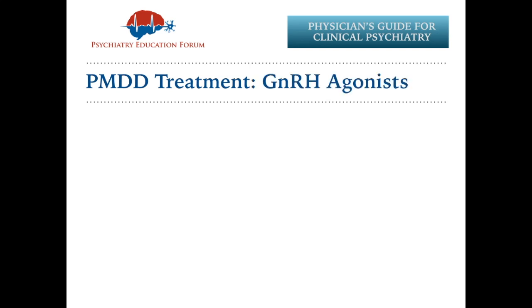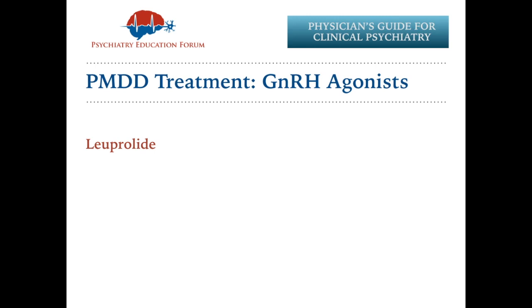So the first one is GnRH agonist, gonadotropin releasing hormone agonist. The one that has shown effectiveness in some trials is called leuprolide. Leuprolide has been shown to relieve symptoms of PMDD primarily by reducing the secretion of FSH and LH.